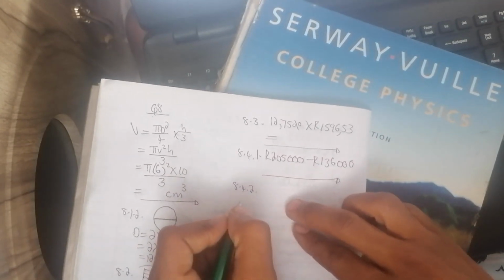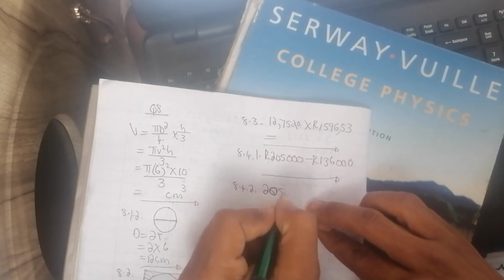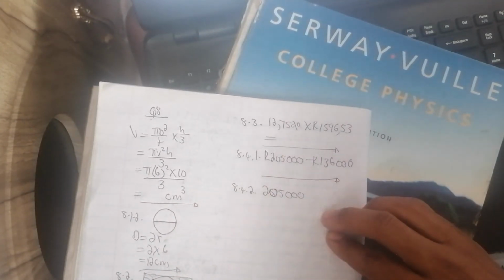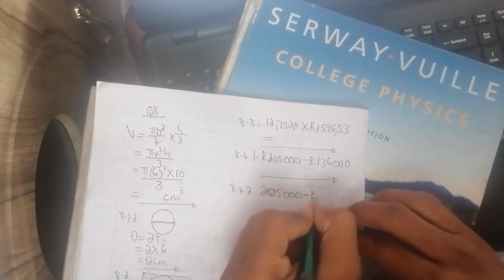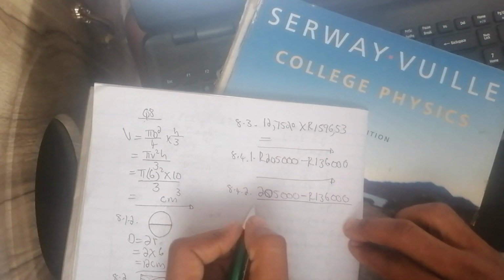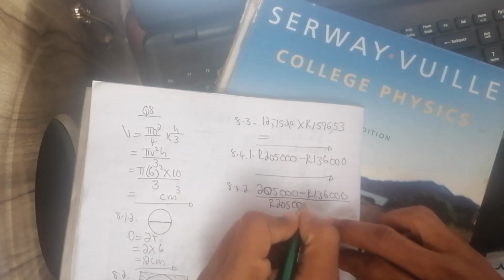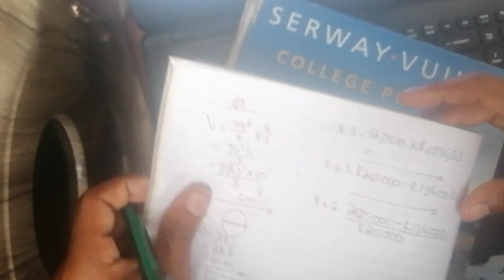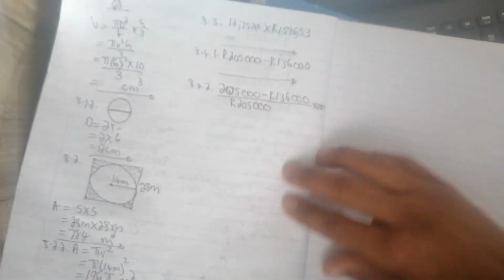8.4.2. Express the loss as a percentage. You would take 205,000 minus 136,000, meaning the percentage decrease, and divide this by 205,000 and multiply that by 100. That is how you find the percentage decrease.